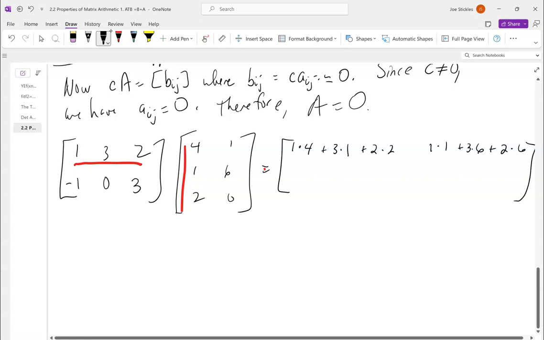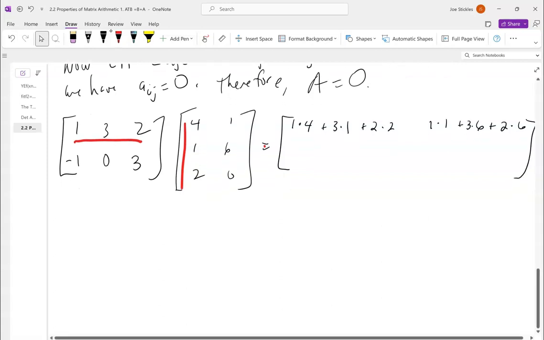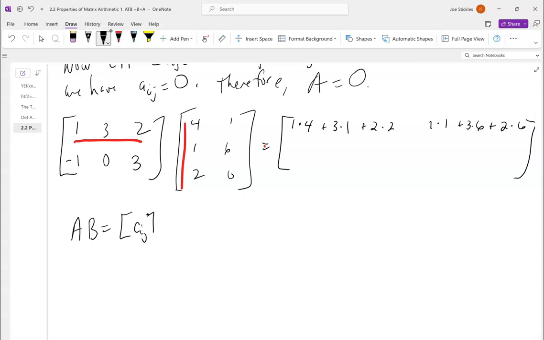But notice what changes. We're changing what column we're in the first one at the exact same time as we're changing what row we're in the second one and multiplying together. And then the entry that we get is what row we're working off of in the first matrix and what column we're working off of in the second matrix, right? So here's how you can write a general entry of a product of two matrices.